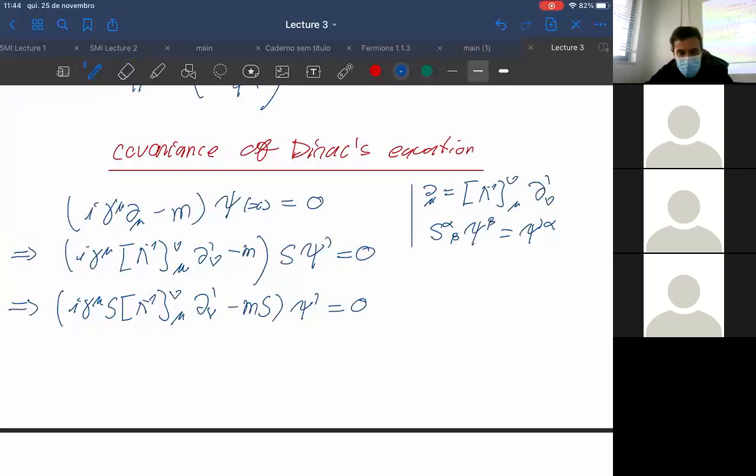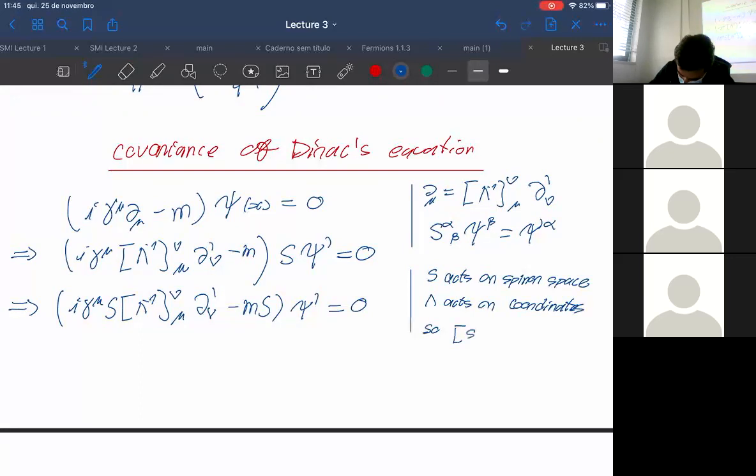One of the things to recall here is that S acts on spinor space and lambda acts on coordinates. Thus, they commute.